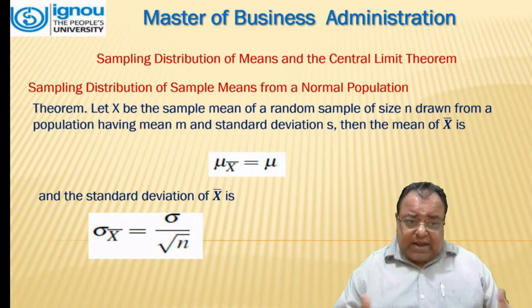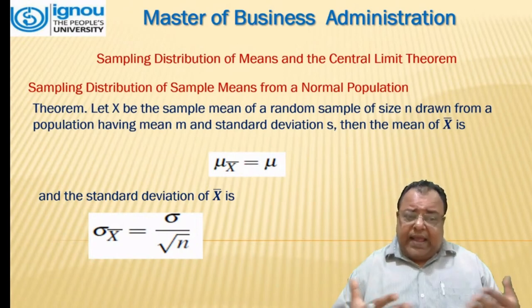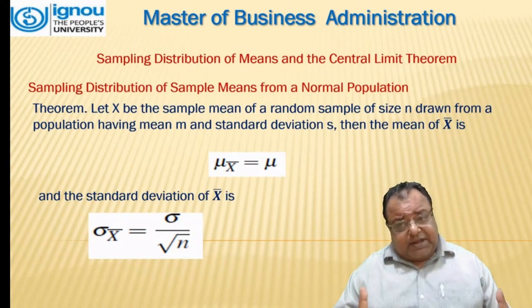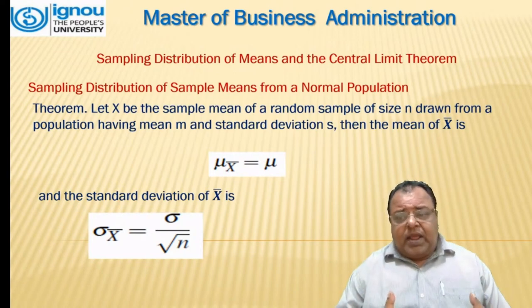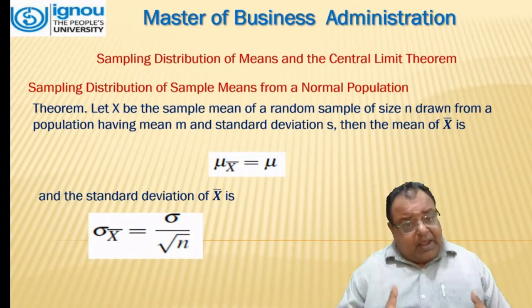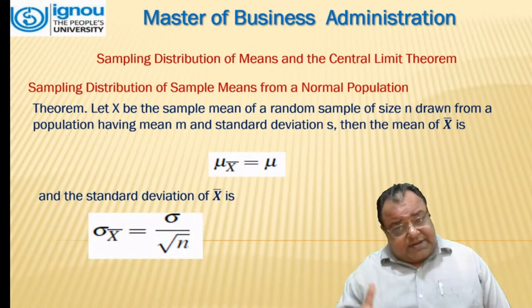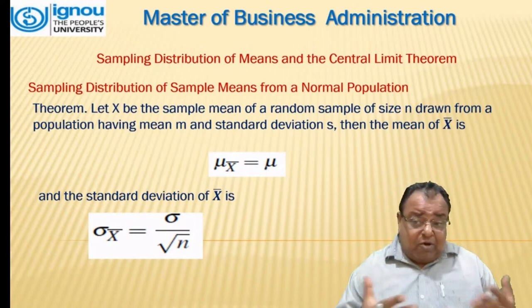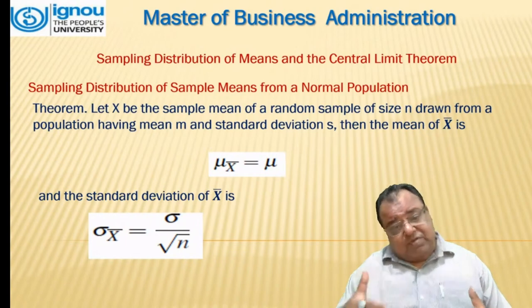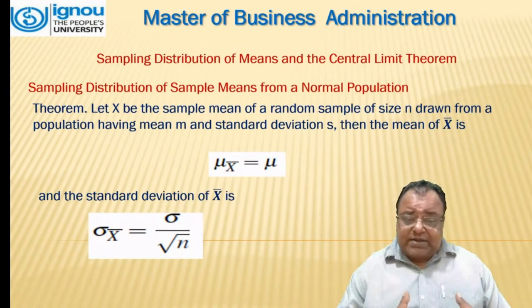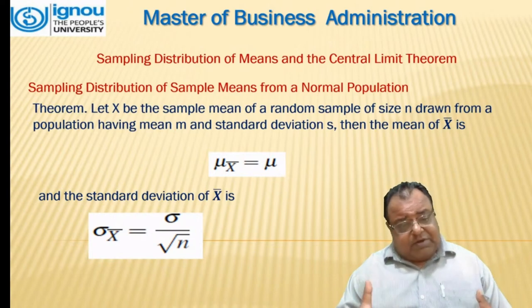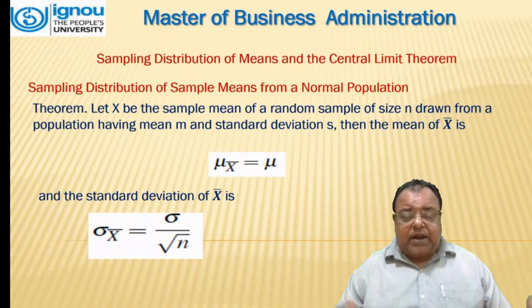Now the theorem states that if x bar is the sample mean of a random sample of size n drawn from a population having a mean mu and standard deviation sigma, then the mean of x bar, mu x bar, is equal to mu, and the standard deviation sigma x bar is equal to sigma divided by root n.